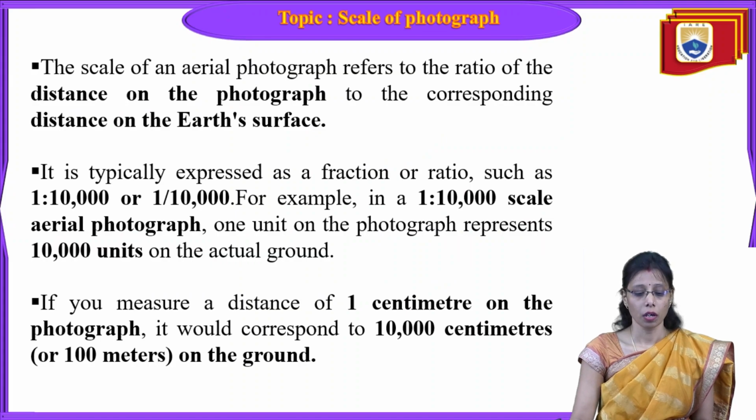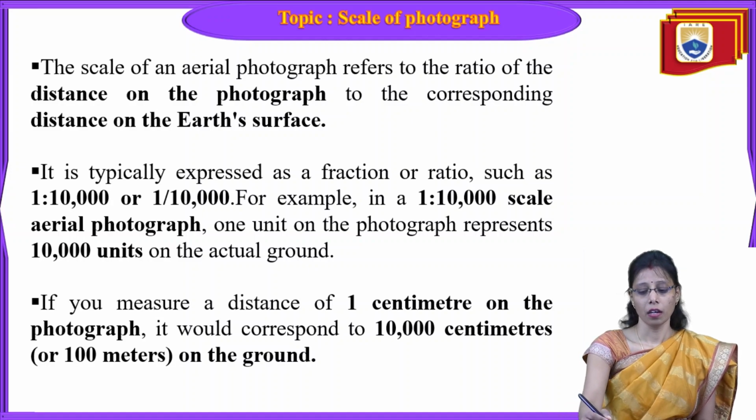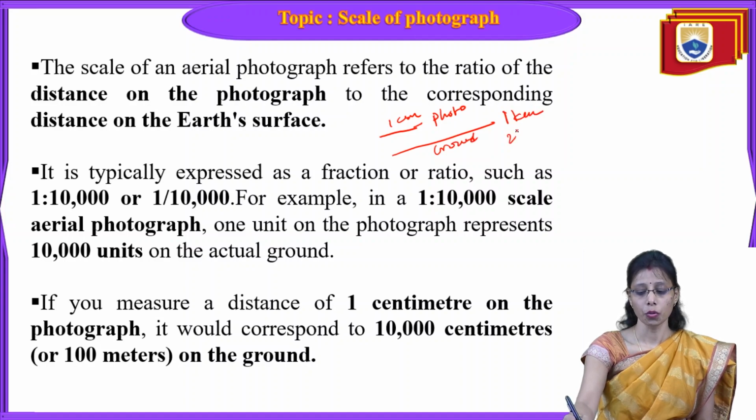Let us know. The scale of an aerial photograph refers to the ratio of the distance on the photograph to the corresponding distance on the Earth's surface. That means that if you have 1 centimeter on the photo, the same distance on the ground can be in kilometers, maybe 1 kilometer, maybe 2 kilometers, maybe 3 kilometers, depending on how we decide the scale.